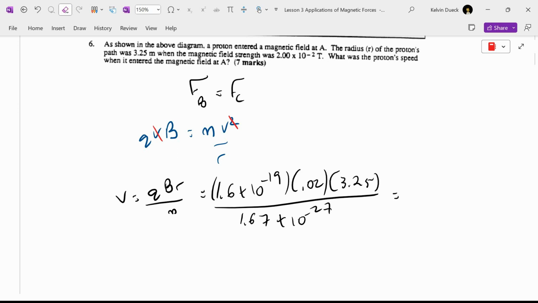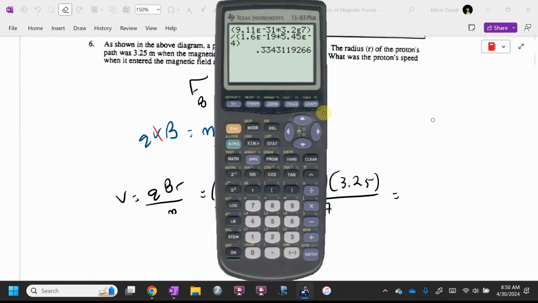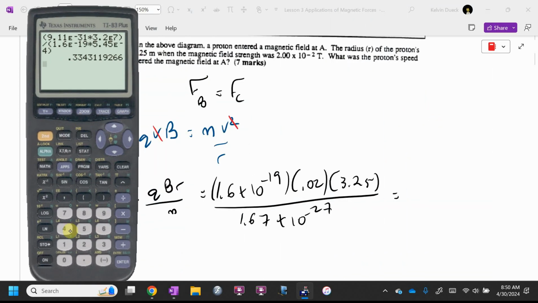What do you get? How fast was this proton traveling? Shouldn't be going faster than the speed of light, though, but it'll be moving. 1.6 scientific notation, negative 19 times 0.02.